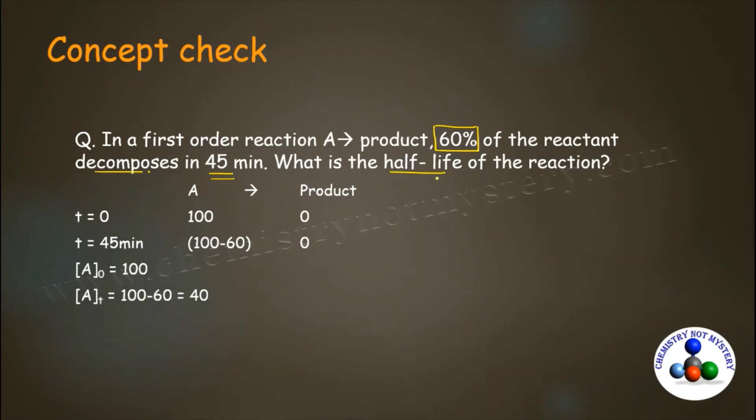As we have to calculate half-life for the reaction, and half-life only depends on the rate constant, so first you have to calculate the rate constant. This rate constant can be calculated by the equation k is equal to 2.303 over t log A naught over At. Place the values in this given formula.